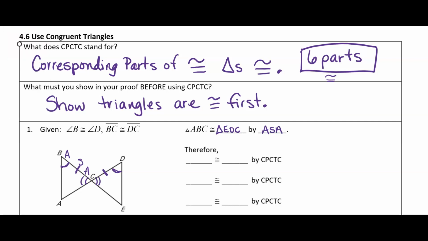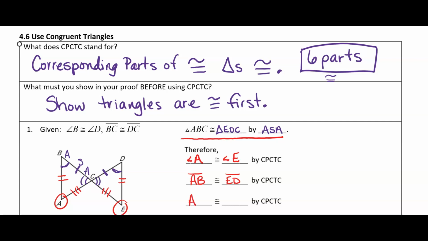Well, since those triangles are congruent, we now know that that side and that side are congruent, this side is congruent, and we also know angle E and angle A are also congruent. Therefore, we know the other 3 parts. Angle A is congruent to angle E. Segment AB is congruent to segment ED.